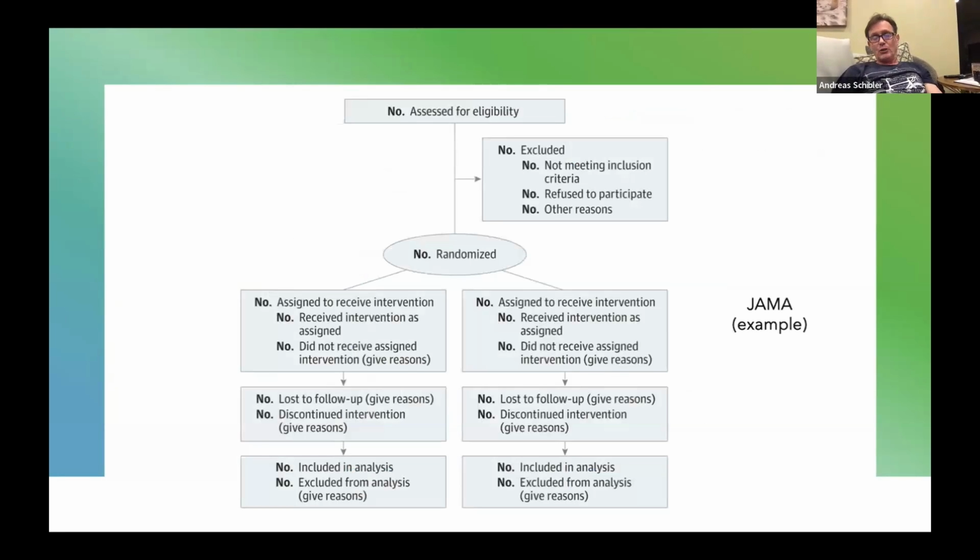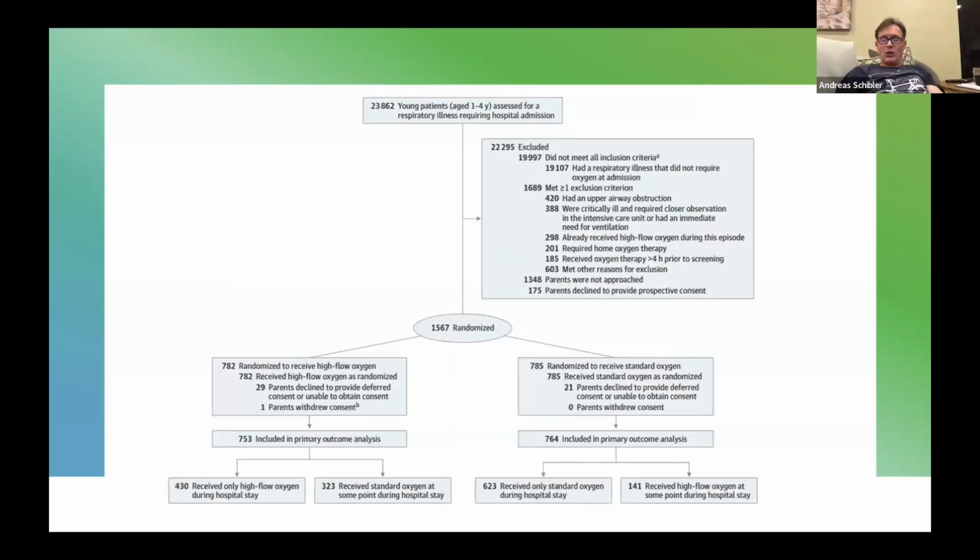I just show you an example of the JAMA. The JAMA shows you how to use a CONSORT statement, who you assess for eligibility, who do you exclude, who do you randomize, and who do you lose to randomization afterwards. I'm just showing a known example of our own study.